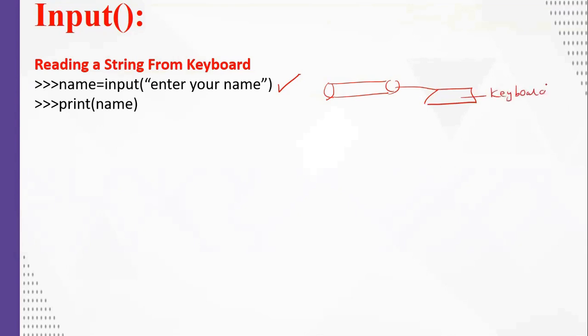It will establish an input stream. When the user enters the data, it is scanned and assigned to a variable, a string object, name. This way, the input function will scan the string data from the keyboard.